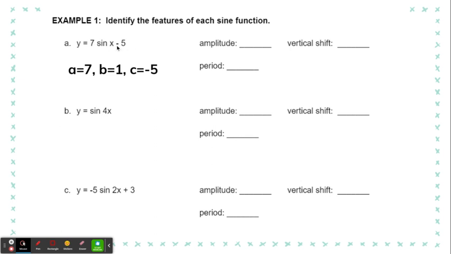And the number way on that side, either plus or minus, is that negative 5. So you want to fill in the blanks for me, please. Now, for the period, you always do that 2 pi divided by that B, and 2 pi divided by 1 stays at 2 pi. So period doesn't change. Remember, you can do this in 360 as well. 360 degrees divided by 1 stays at 360.